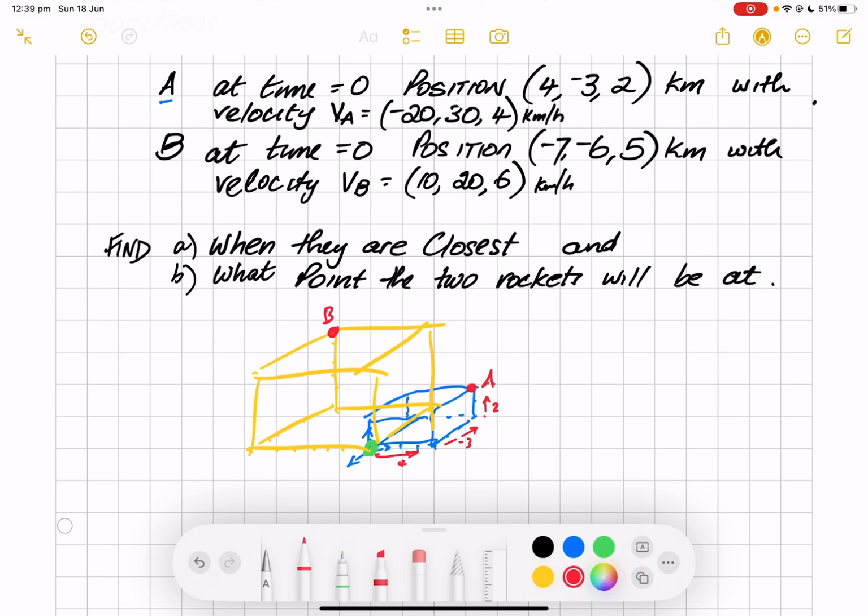If we look at the directions they shoot off at, A shoots off at a -20 direction, like this way, +30 out this way, so -20, +30, with a Z of 4, and there's this little box here.